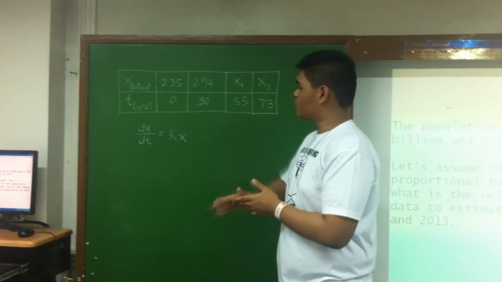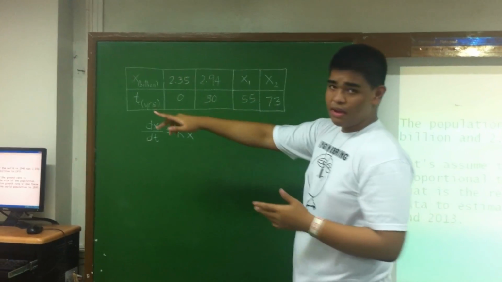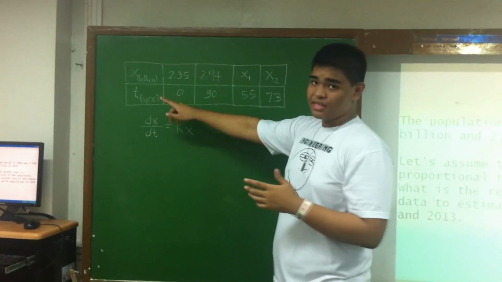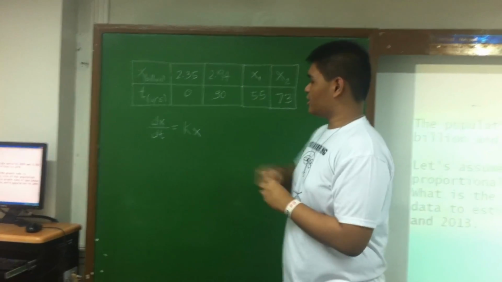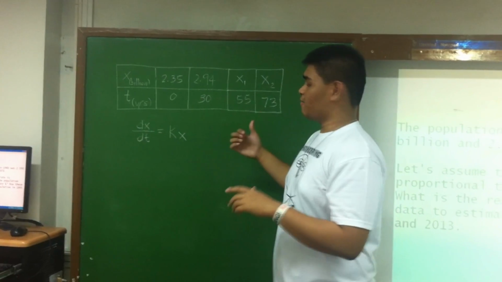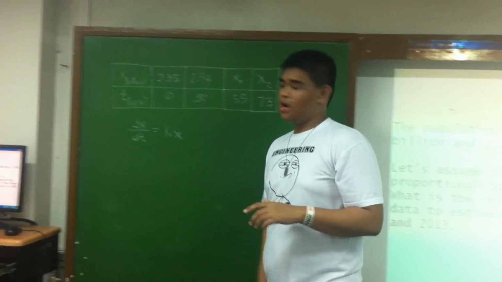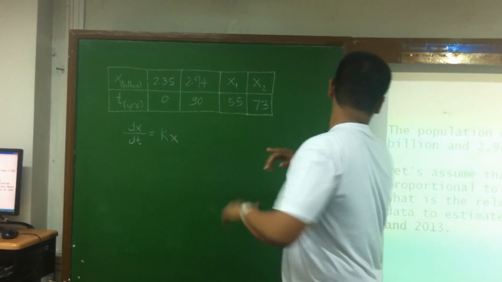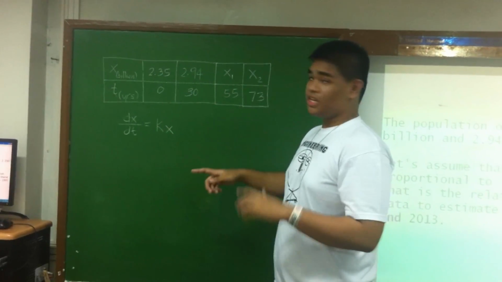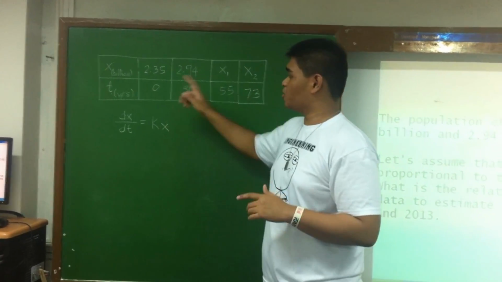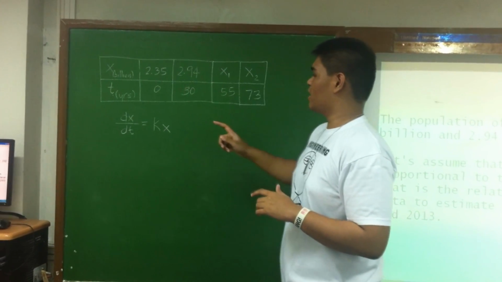explain some parts here. We labeled x, in billions, as the population, and t as the time, labeled in years. In 1940, that's the initial year, so that would be 0, and the initial population is 2.35 billion.